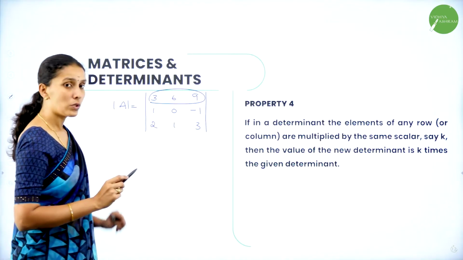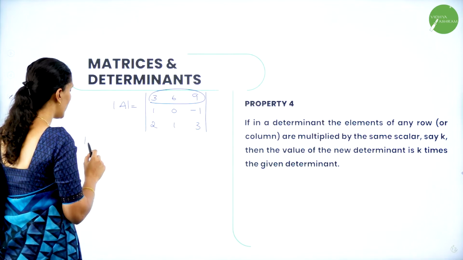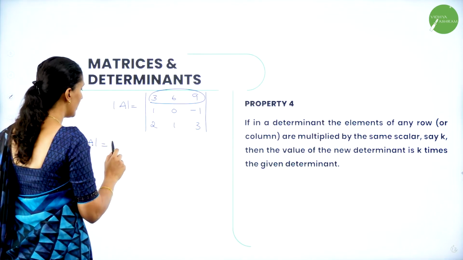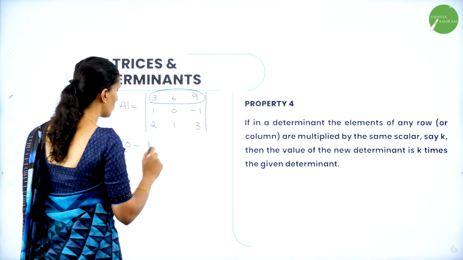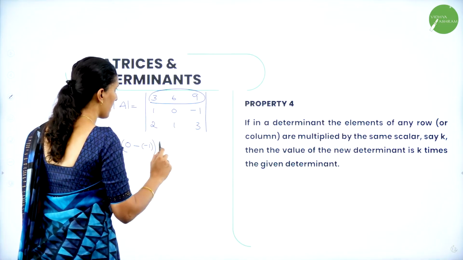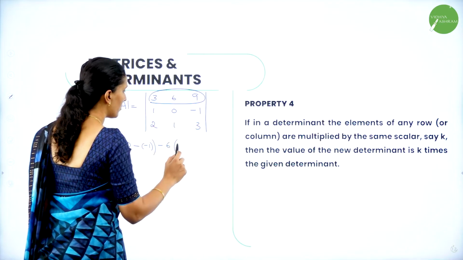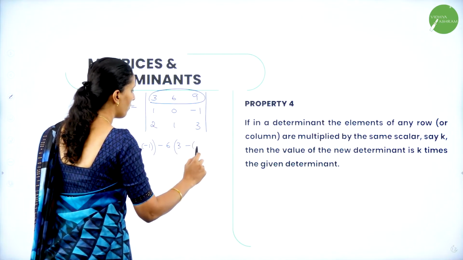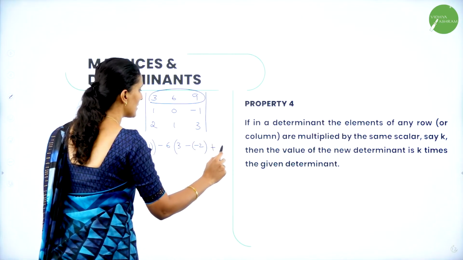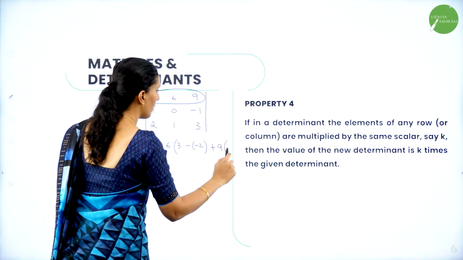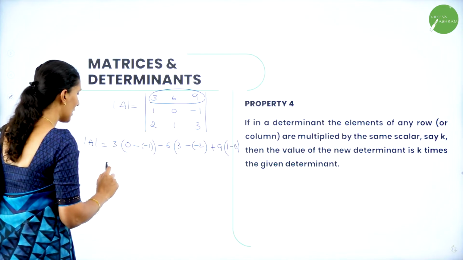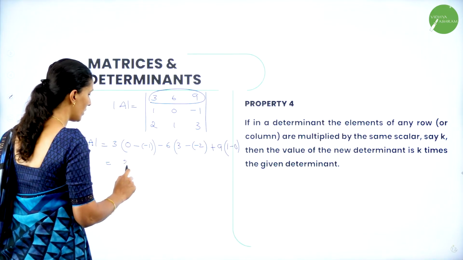First, let us find the determinant A. Determinant A is 3 into (0 minus of minus 1), minus 6 into (1 times 3 is 3, minus of minus 2), next plus 9 into (1 times 1 minus 0), which is minus of minus 1, 3.